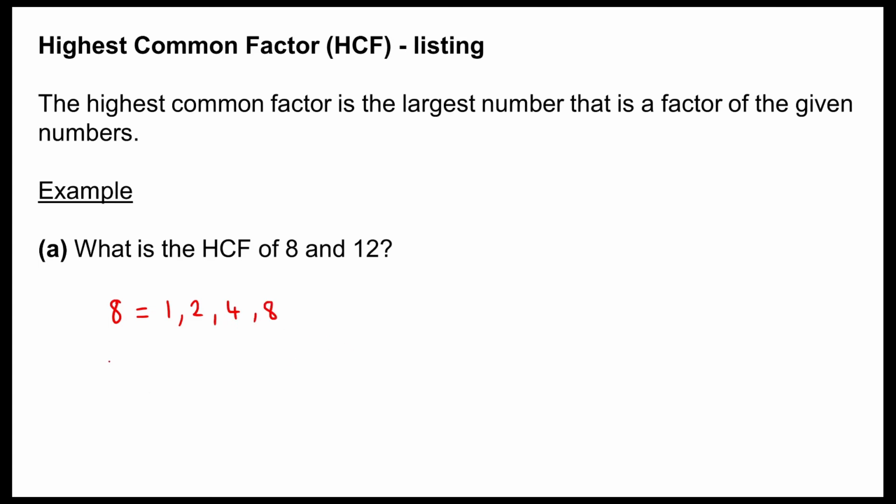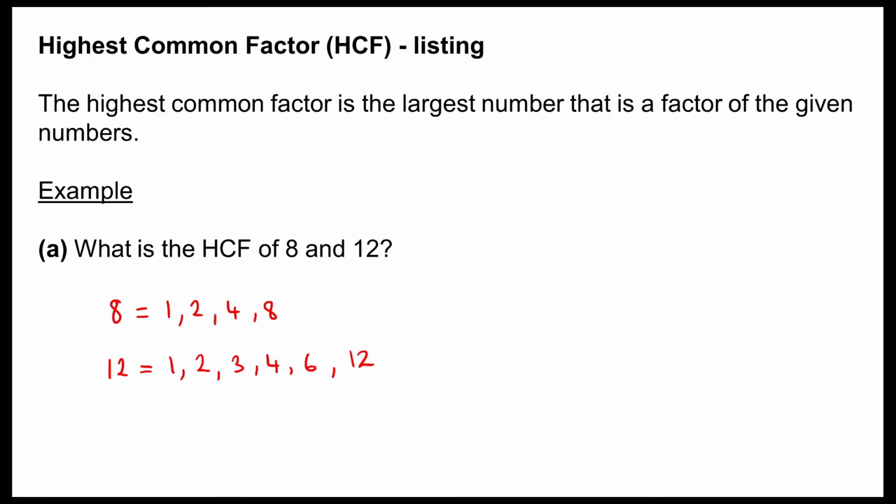Next, I'm going to list all of the factors of 12. That is 1, 2, 3, 4, 6 and 12. I'm then going to compare each list just like I did for the lowest common multiple. However, this time we want the highest common factor, so that's the biggest number that appears in both lists.